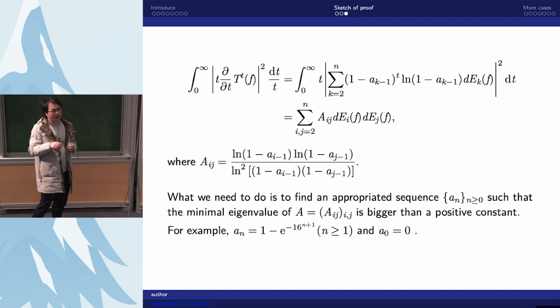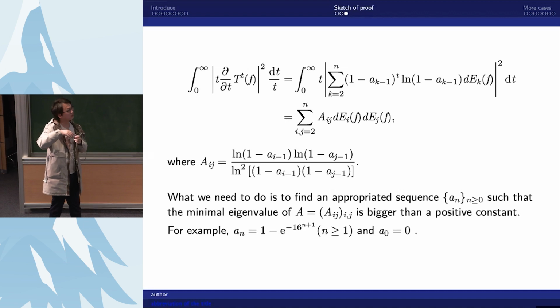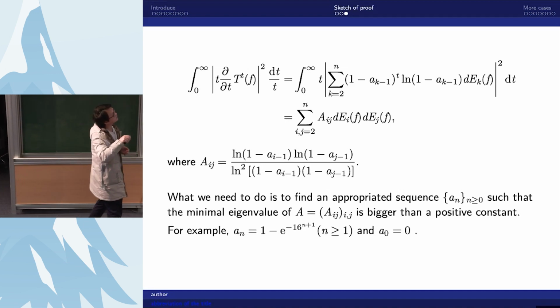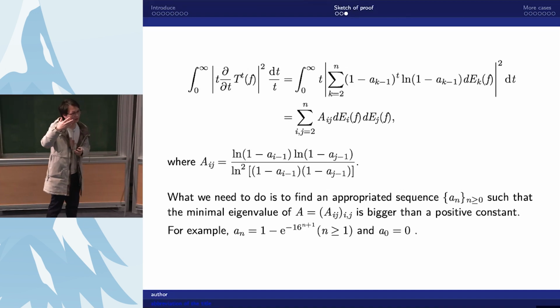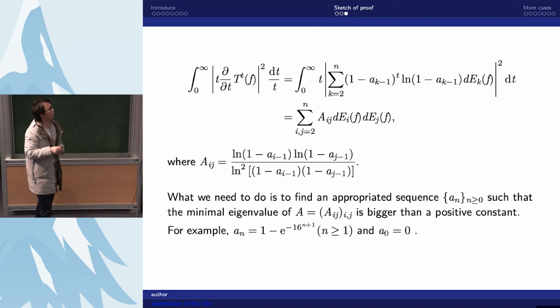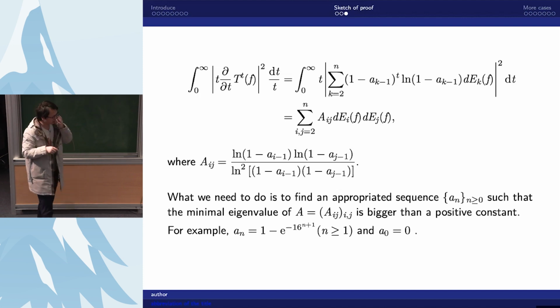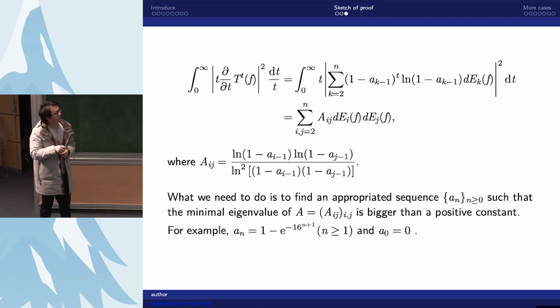We know that we can let the differences of Aij have a great gap. Then the matrix is controlled by its diagonal elements. For example, we choose An to be 1 minus e to the power minus 16 to the power n plus 1, and A0 is 0.